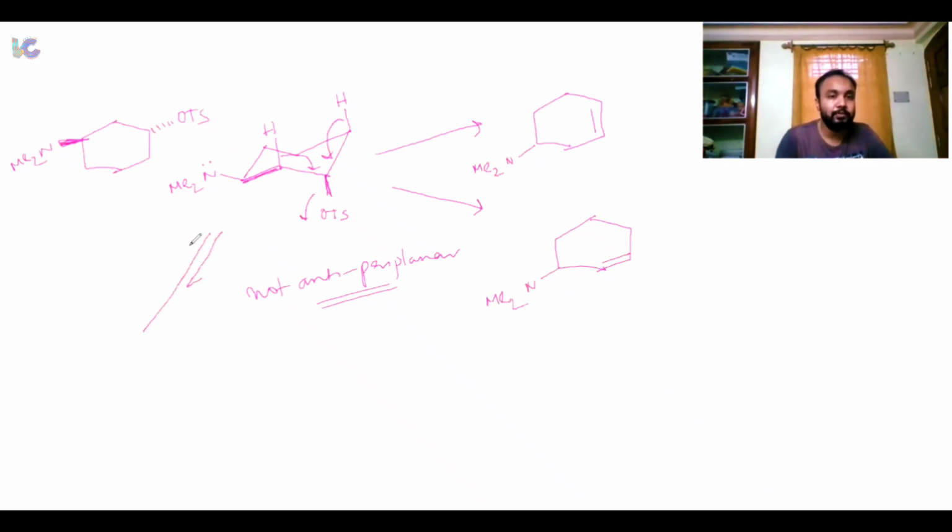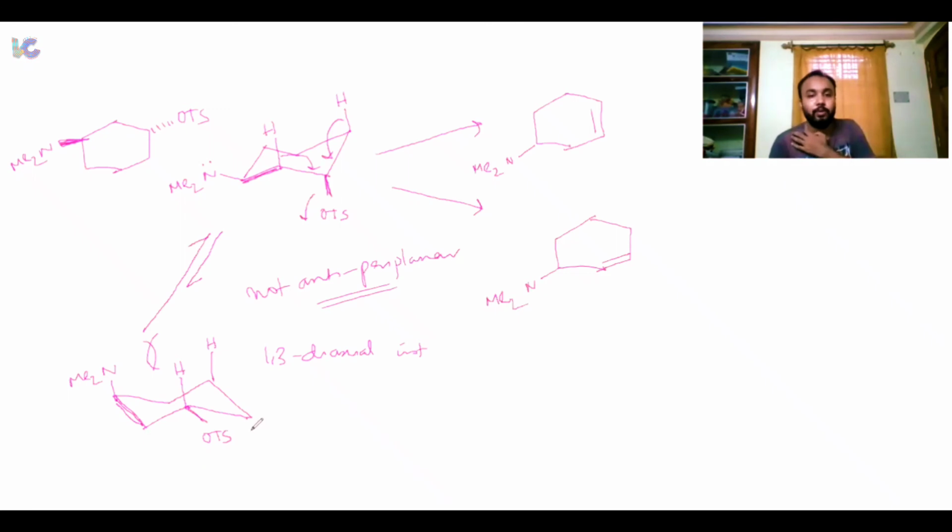If you look at the other conformer, if you flip this system, we'll get OTs over here and NMe2 over here. Now we can see that these two bonds are anti-periplanar, but over here we have a 1,3-diaxial interaction.